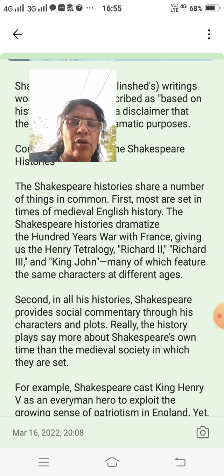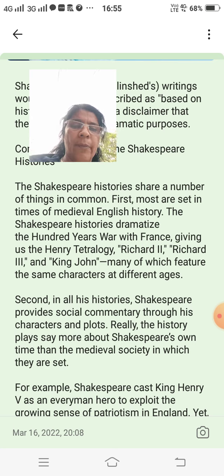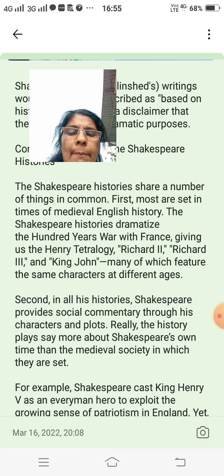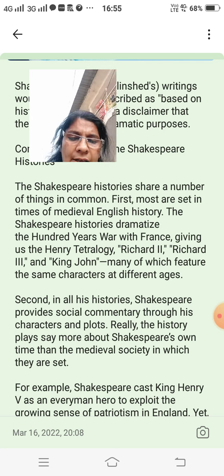Second, in all his histories, Shakespeare provides social commentary through his characters and plots. Really, the history plays say more about Shakespeare's own time than the medieval society in which they are set.